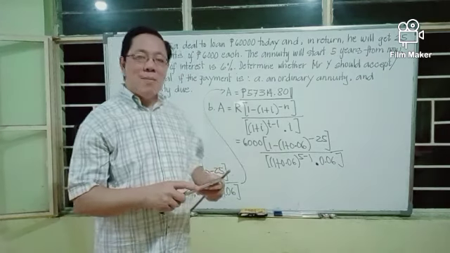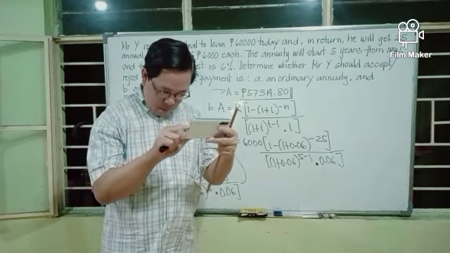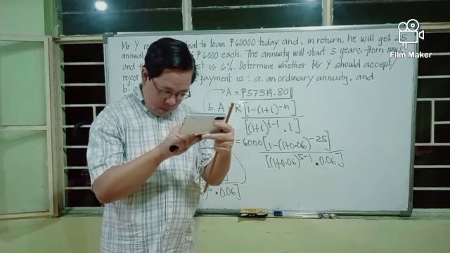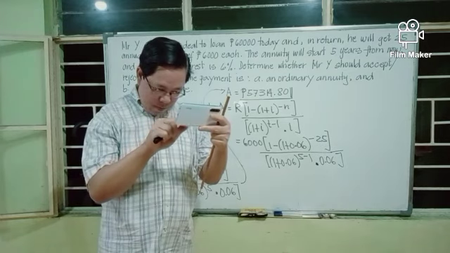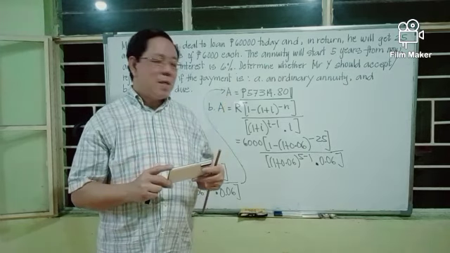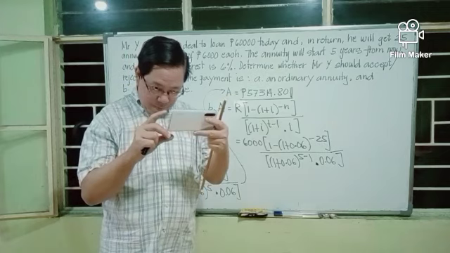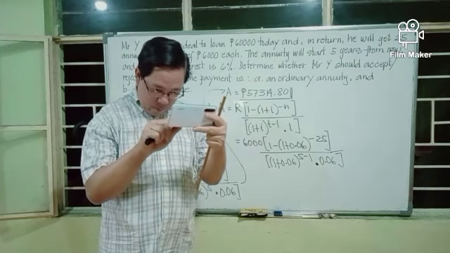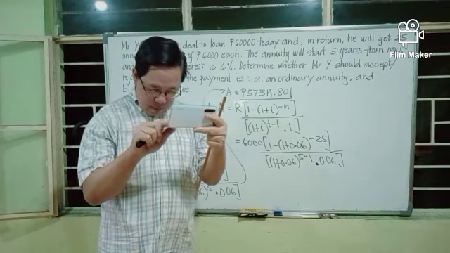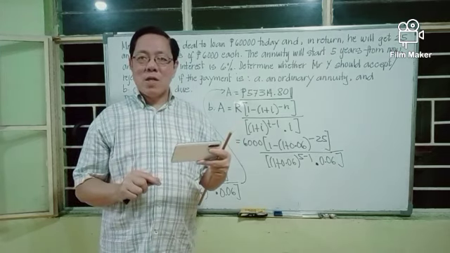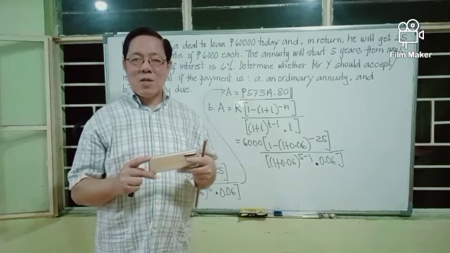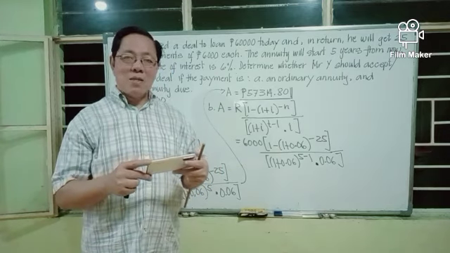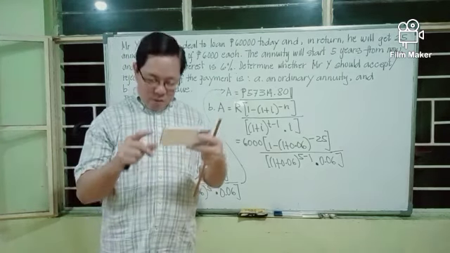We have 1 minus 1.06 to the power negative 25. Press equal in your calculator and multiply the answer by 6,000 pesos.